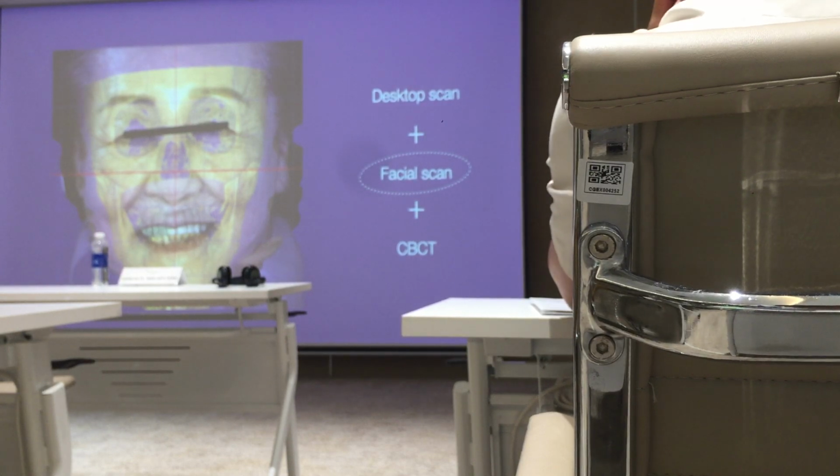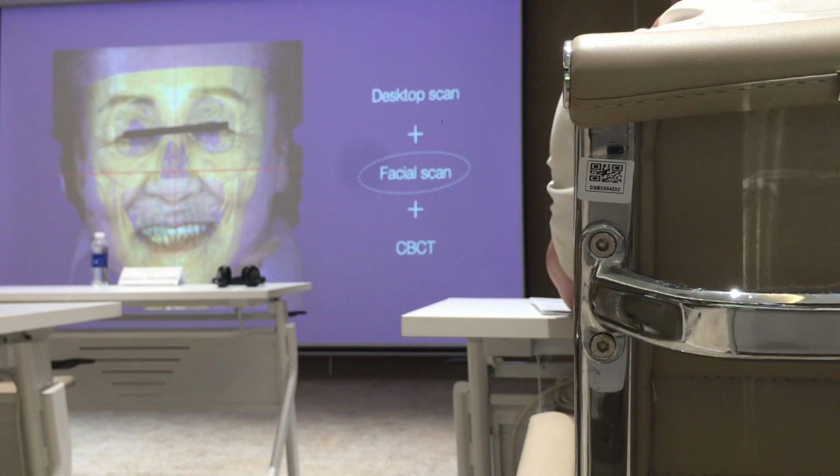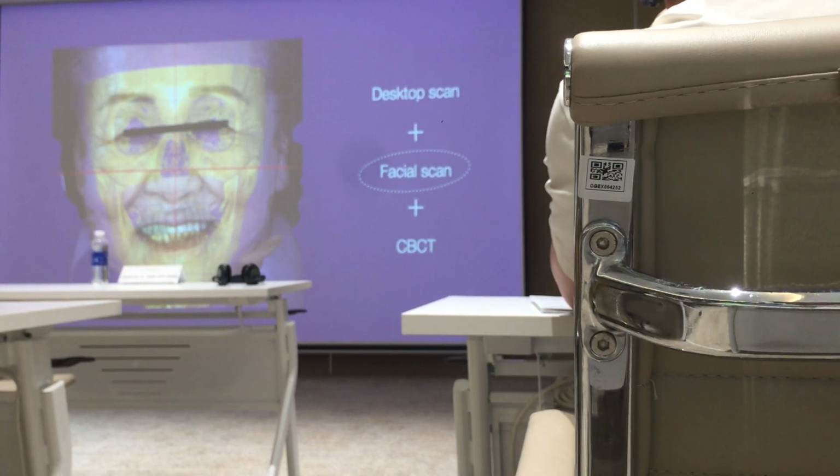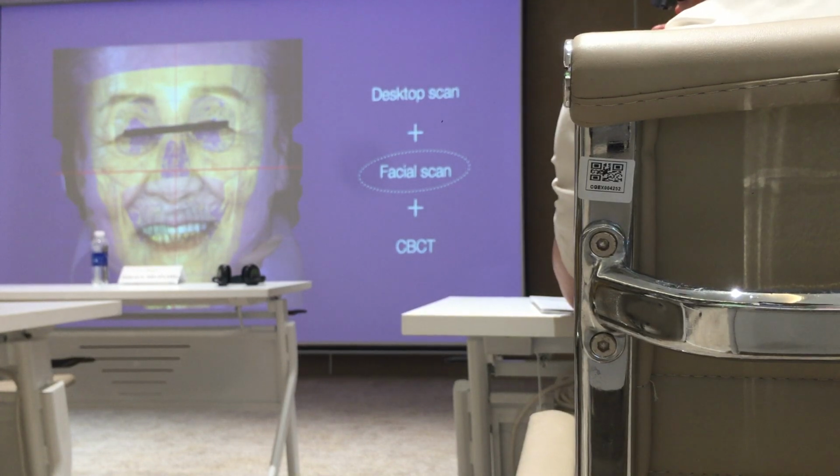The facial scanner is a great tool for sure, but the problem is we have to buy a facial scanner. If you have the facial scanner already, you can just use it without any problem, but if you don't have a facial scanner in your clinic, you have to buy a new one.